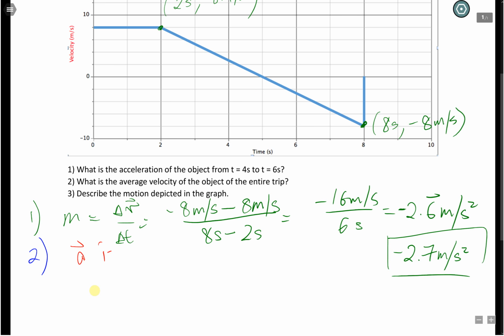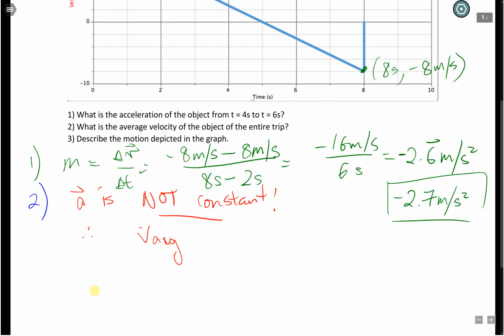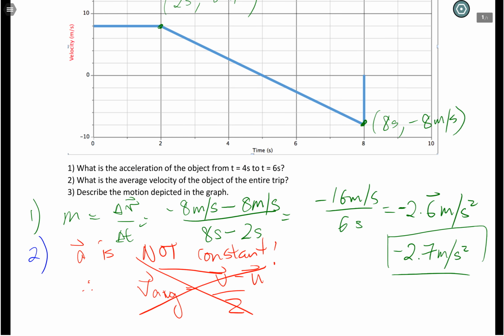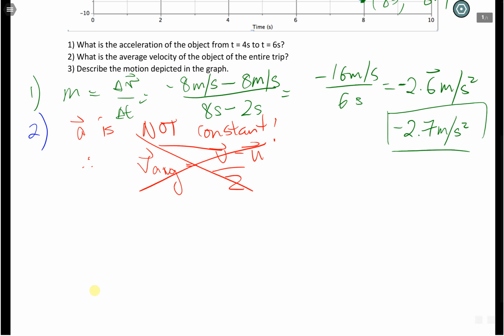You cannot use that because your acceleration is not constant. There is another way for us to calculate average velocity. Remember, average velocity can be calculated using total displacement, total s, divided by total t.